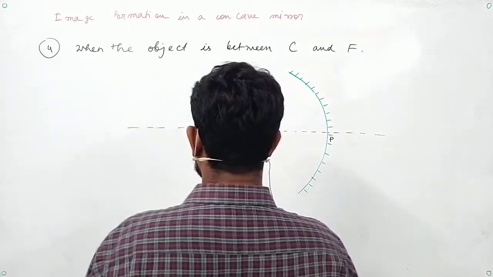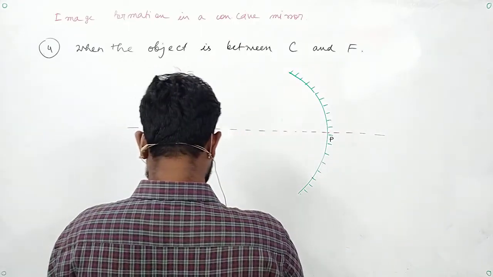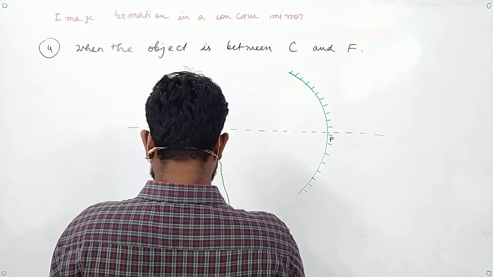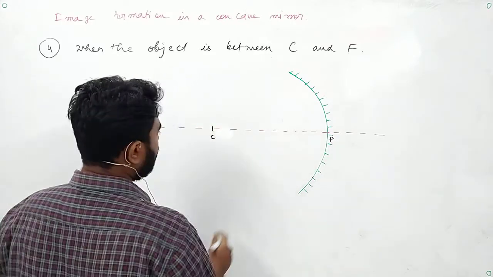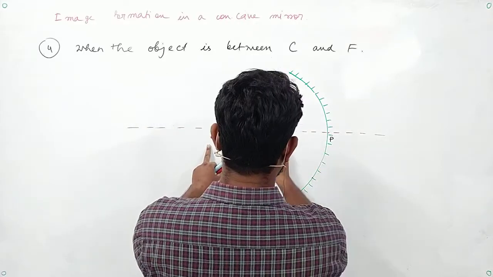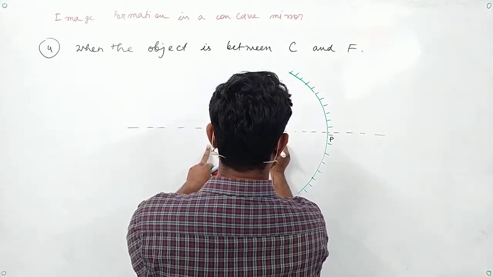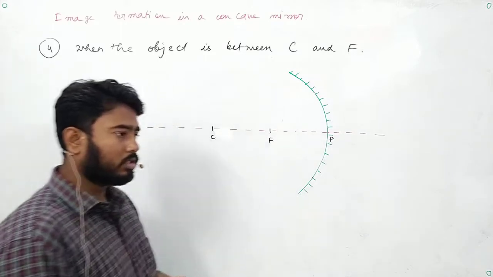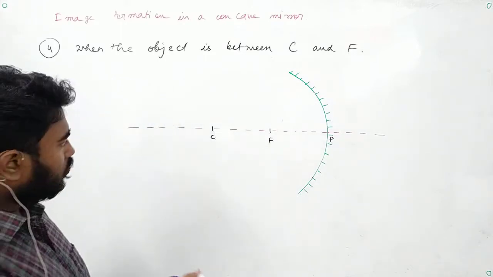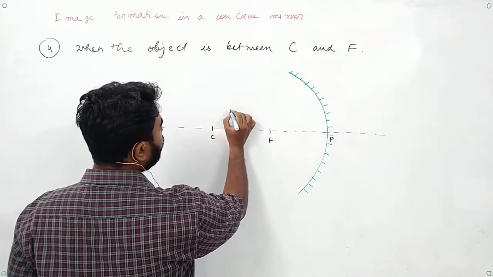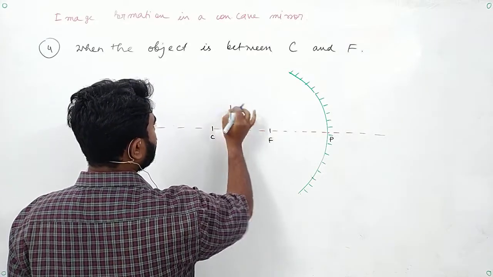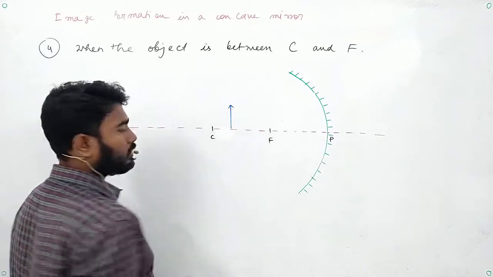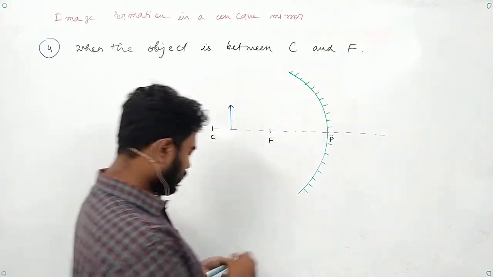Now see, suppose this is the center of curvature and midway between them, suppose this is the focus. Okay, when an object is between center of curvature and focus, suppose this is the object, what will happen?